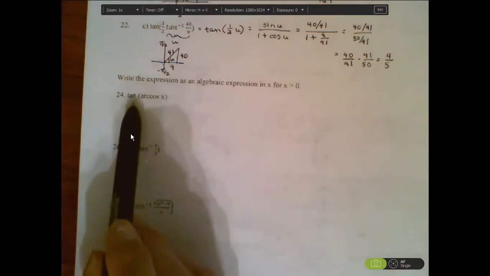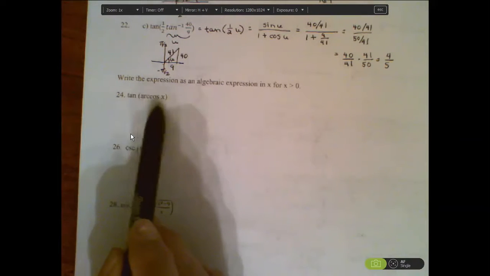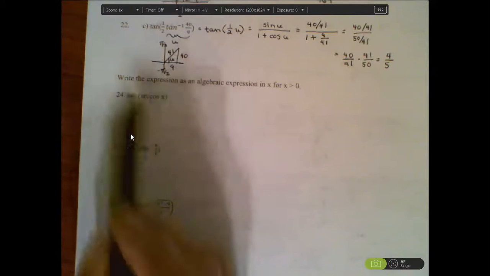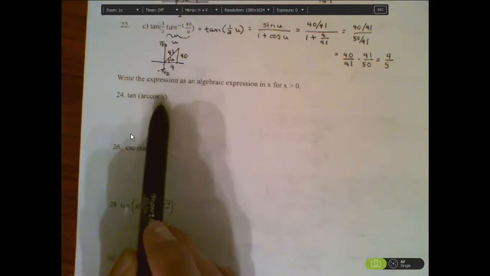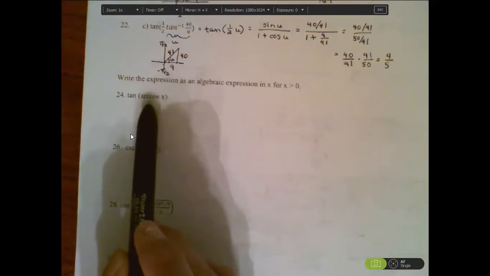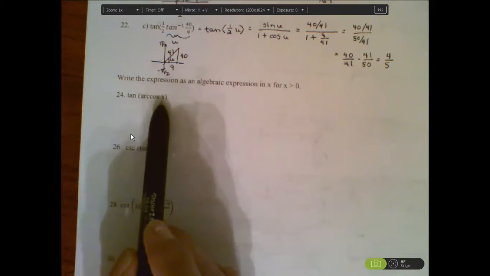Now, this looks like some of the other problems that we've just done. I'm looking for the angle whose cosine is x, and I don't know what that angle is because I don't know what x is.